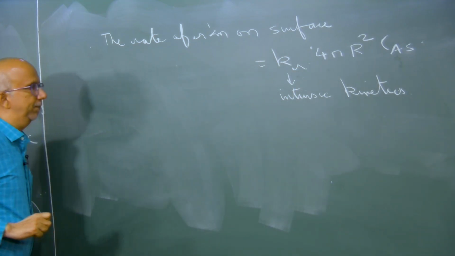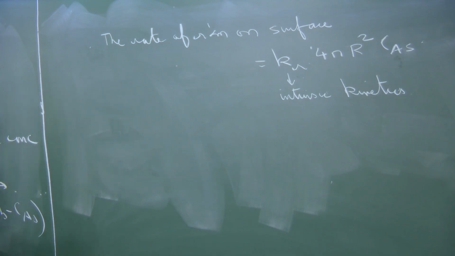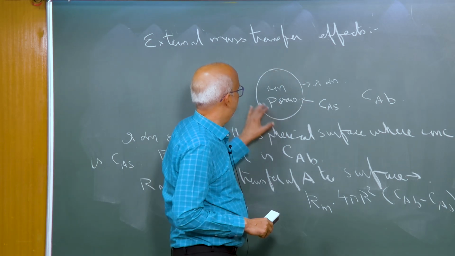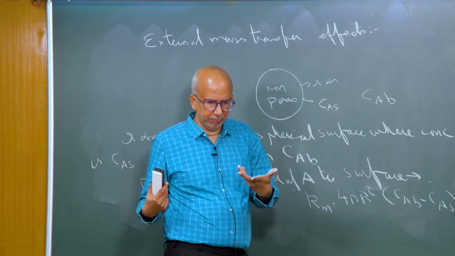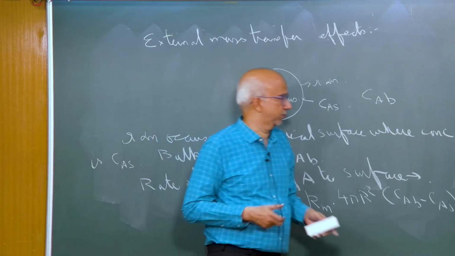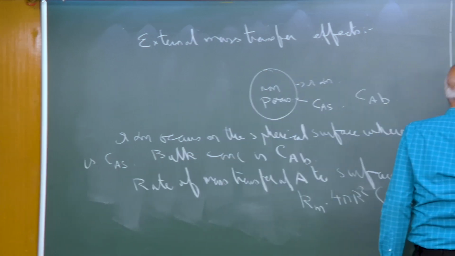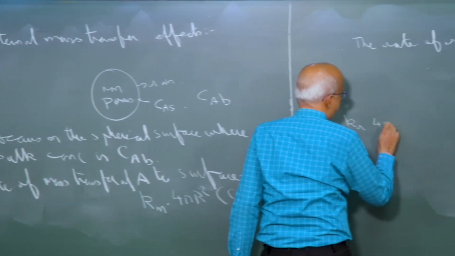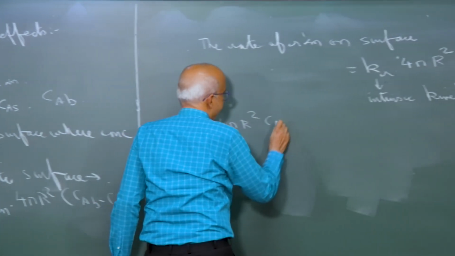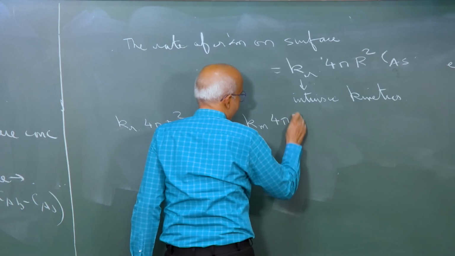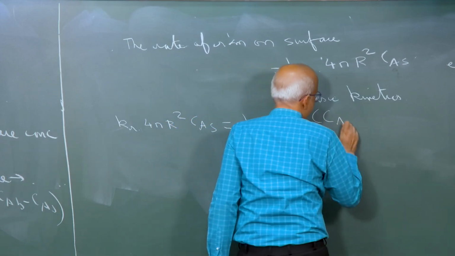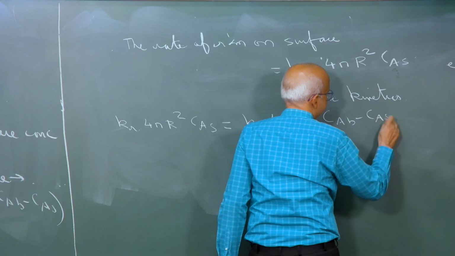So, basically in a reactor where you have this kind of system where you have non-porous catalyst and reaction occurring on the surface, supposing it is a steady state, whatever is coming into the surface must be equal to what is reacting at the surface. Okay. So, we have Kr times 4 pi r squared times CAS equals Km times 4 pi r squared times CAB minus CAS.